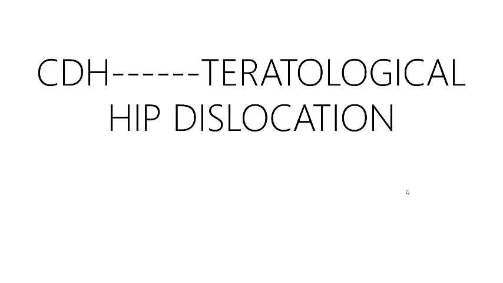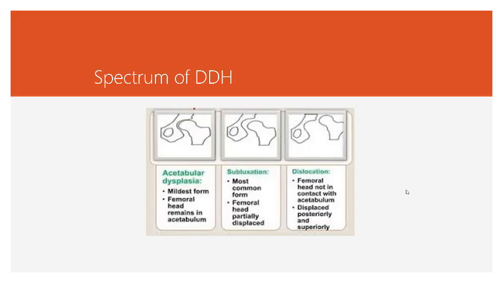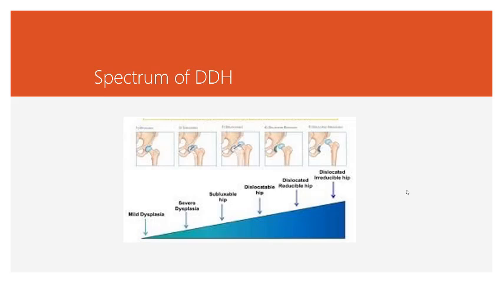This CDH is present in neuromuscular disorders and in syndromic babies like arthrogryposis and myelomeningocele. So, this DDH is a spectrum of disorders.